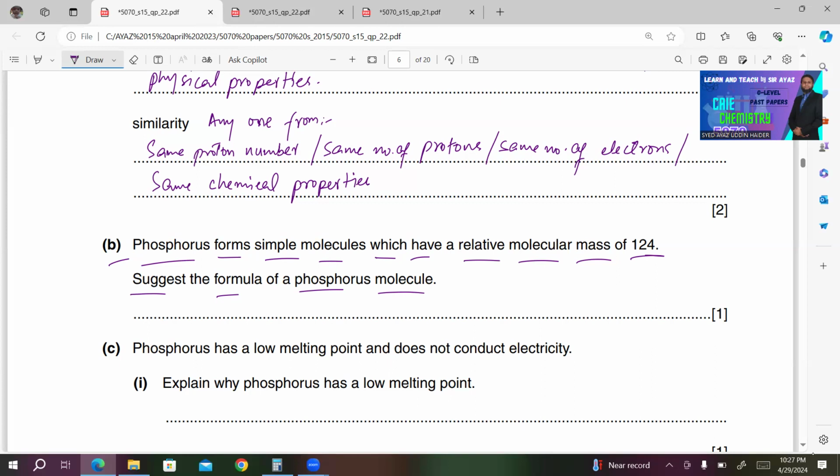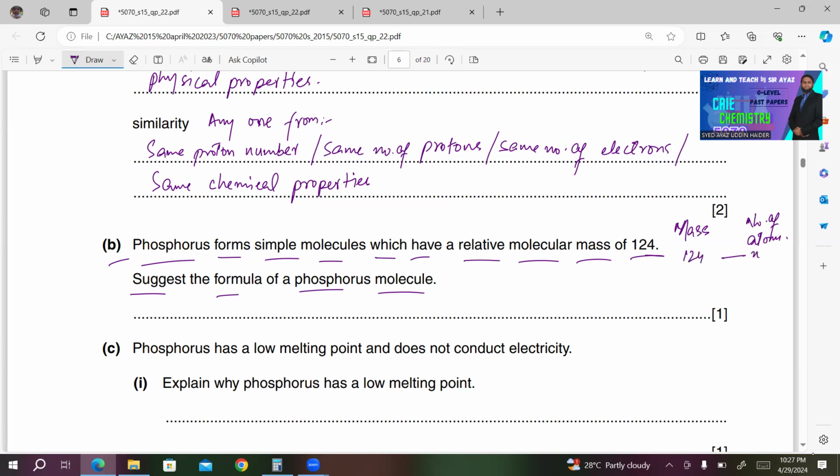So I will write some mass and number of atoms. So mass is 124 and number of atoms is X.